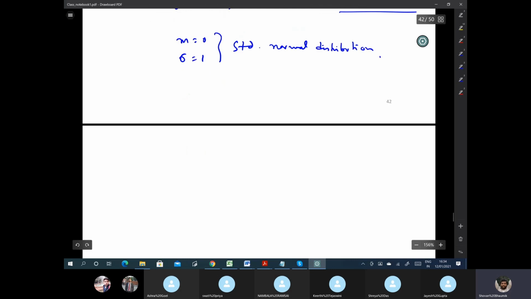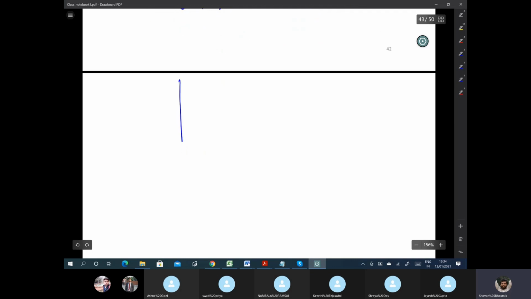If you plot x versus fx, you will get a plot like this. It is a bell-shaped curve, as we always say, where the peak will be at the mean m.